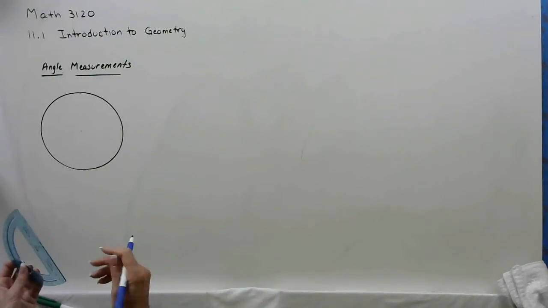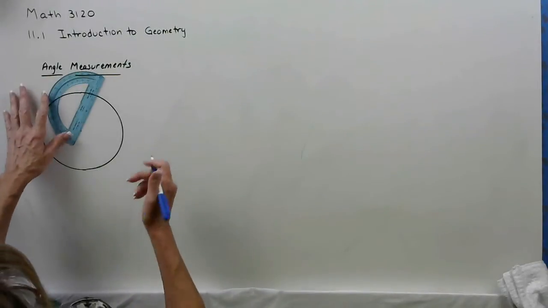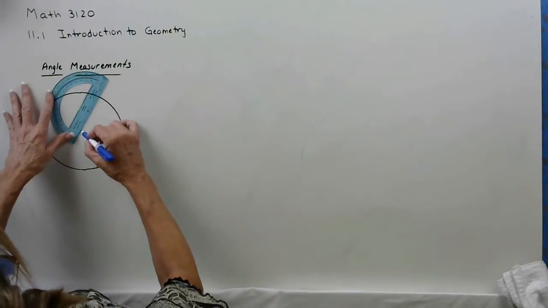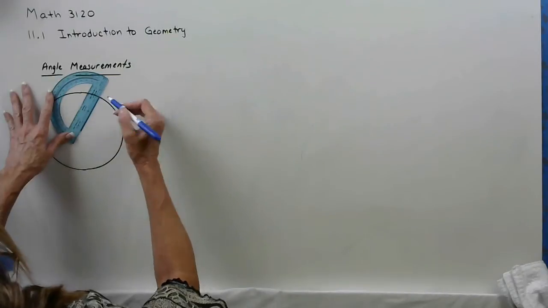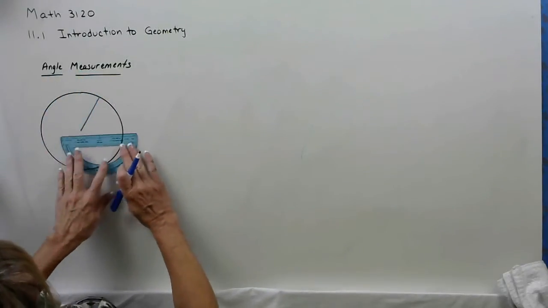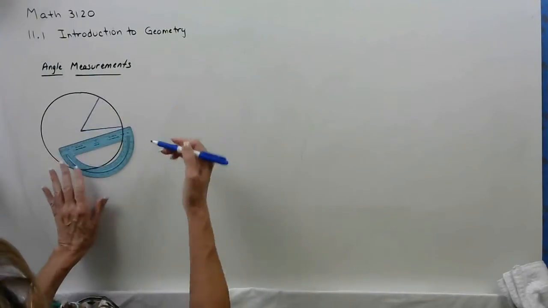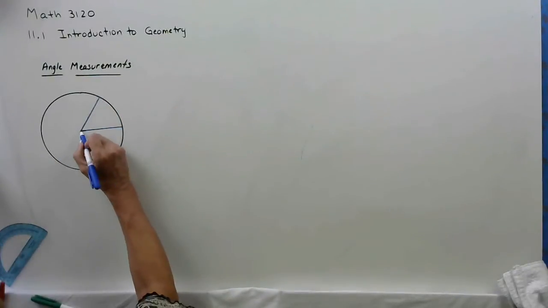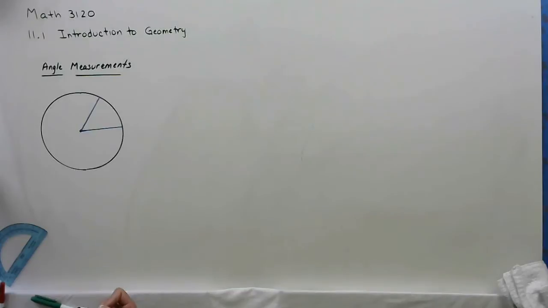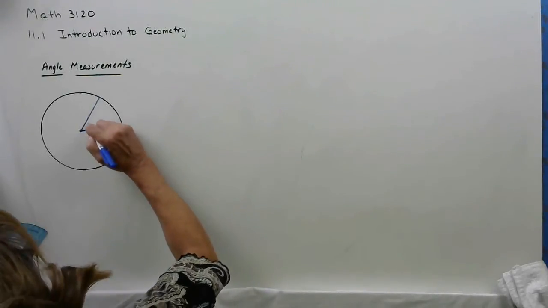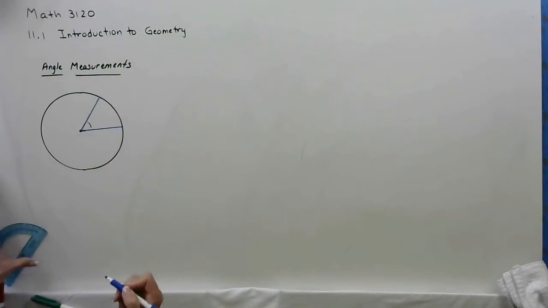Okay, the angle whose vertex is at the center of the circle. So if I give you a central angle, sorry, it's smearing a little bit. All right, this is my central angle. Here's my angle measure right here.